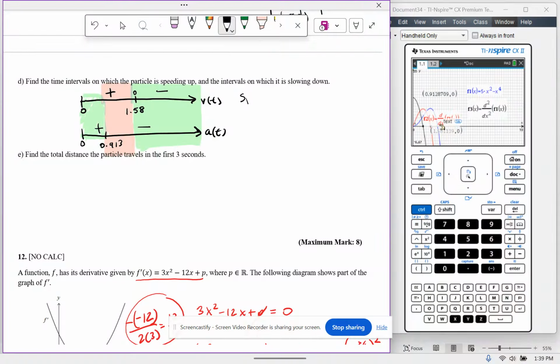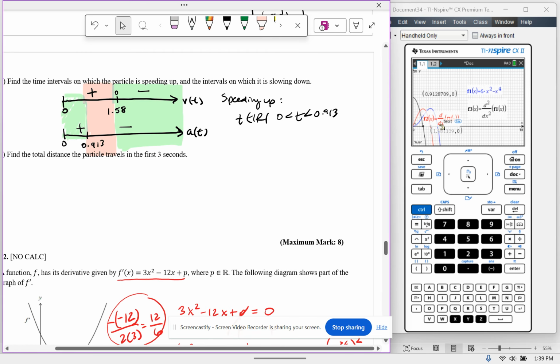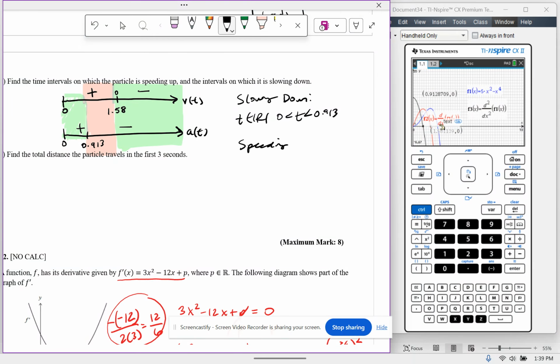So we are speeding up when t is an element of all reals, such that we are between 0 and 0.913. That is when we are slowing down. Instead of rewriting that, I'm just going to write slowing down. And then we are speeding up for the green. We are speeding up from 0 to, wait, what did I do when I'm writing this?